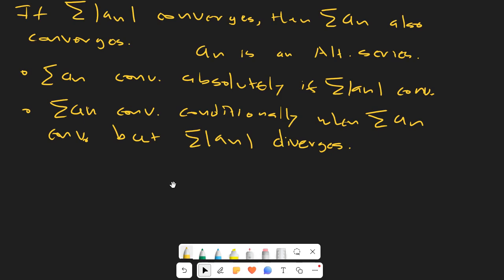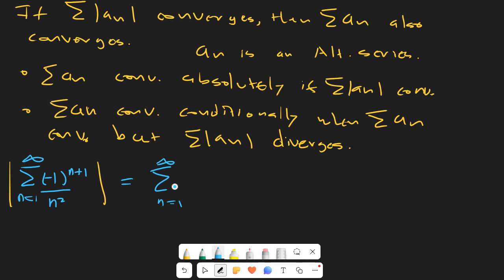So let's say that you have an example such as the series of -1 to the n, times n plus 1, divided by n squared, from n equals 1 to infinity. According to our statement, if we take the absolute value, that's equal to the series summation from n equals 1 to infinity of 1 over n squared.